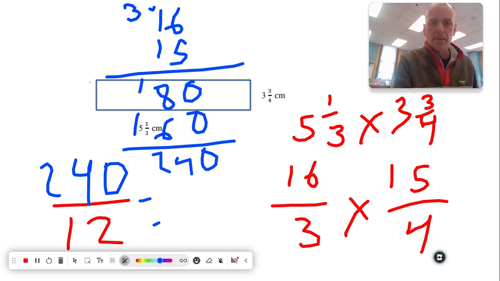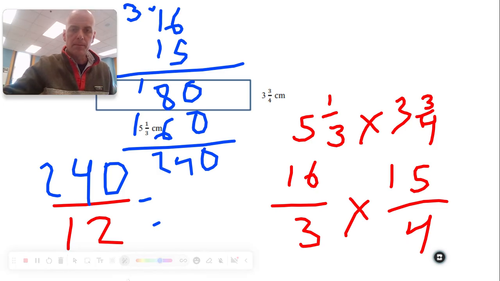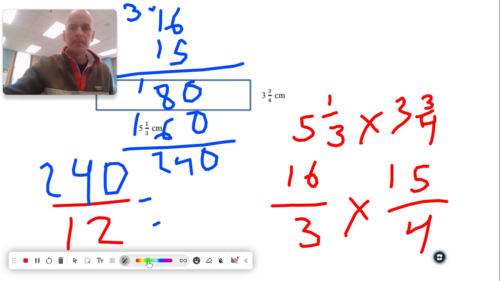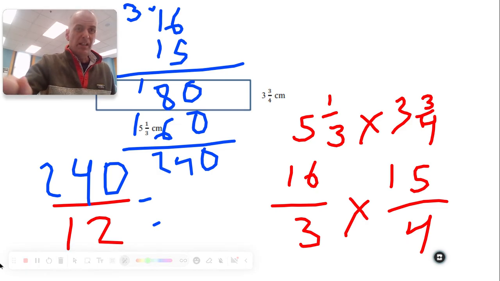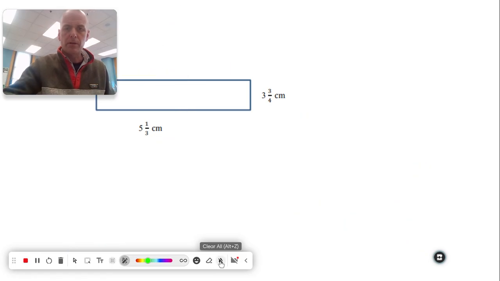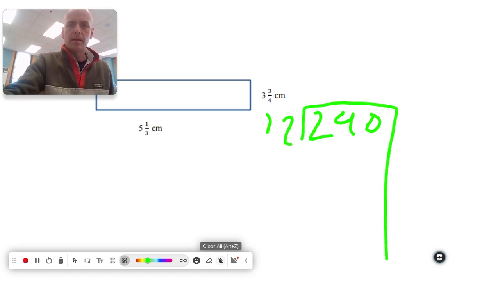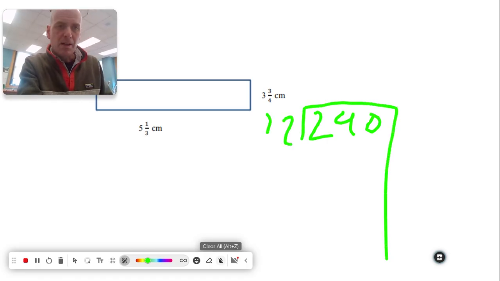Okay, so then, if I have 240 twelfths, I have to figure out how many wholes that can be created. I'm running out of room, but I don't want to clear the screen. You know what? I'm going to clear the screen. 240 twelfths. I know 12 times 12 is 240, right?